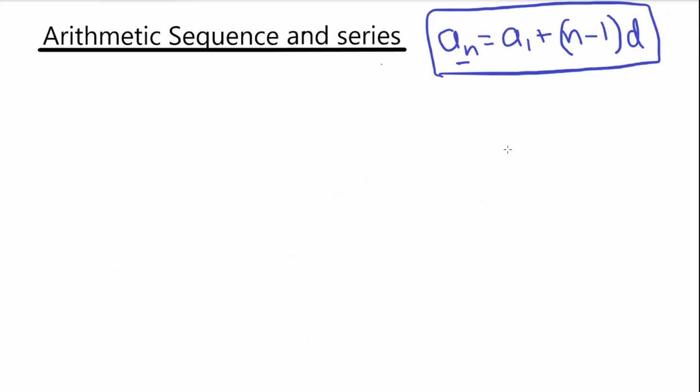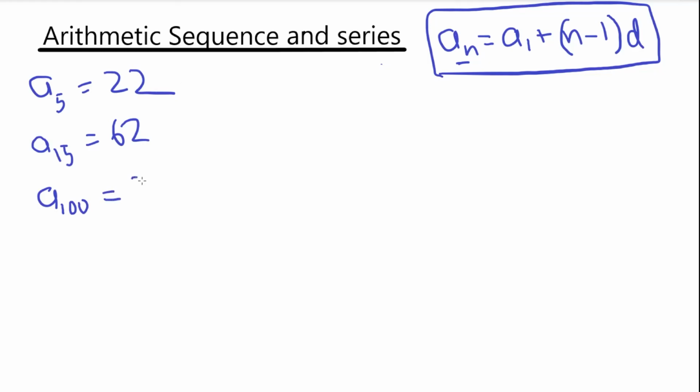Now let us look at some hard questions. The first question we will look at says that the fifth term of a sequence is 22 and the 15th term is 62. Now what will be the 100th term of this sequence?